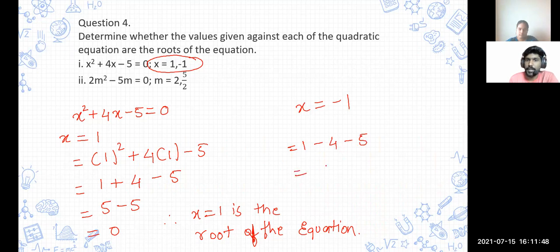Okay, now how much is 1 minus 4? You can do it anyway, because it's minus only. So you can do 5 minus 4 is 1. No, it is 1, and this is -4 minus 5. So minus... Oh, yeah. Plus. So it will become 1 minus 9 if you do it that way. And that is -8, which is not equal to 0.